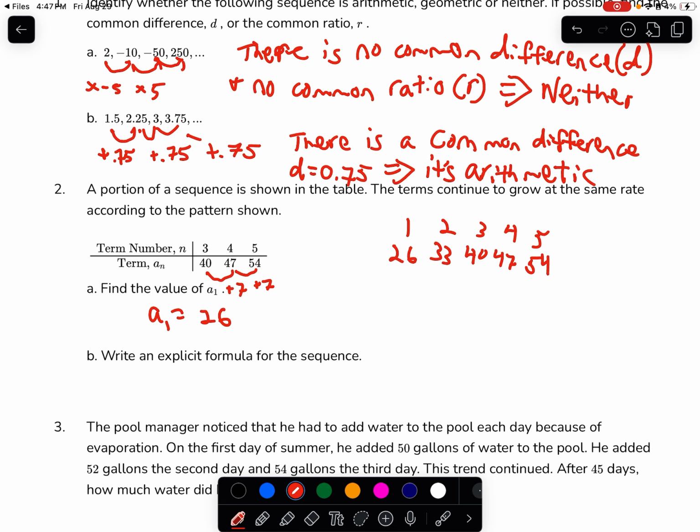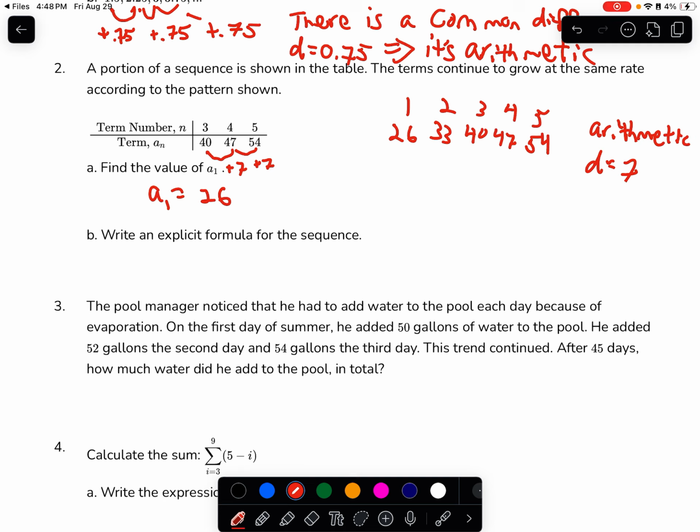Then it says write an explicit formula for the sequence. Well, this is arithmetic, because we have a common difference of 7. So since we know A sub 1, to write an explicit formula for an arithmetic sequence, it would be A sub n equals A sub 1 plus d times n minus 1.